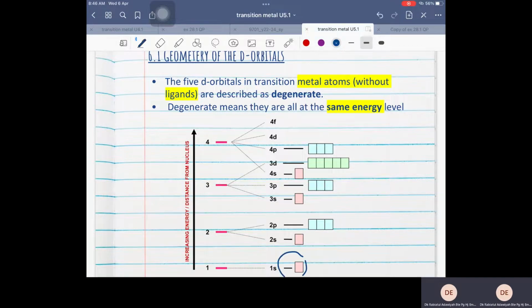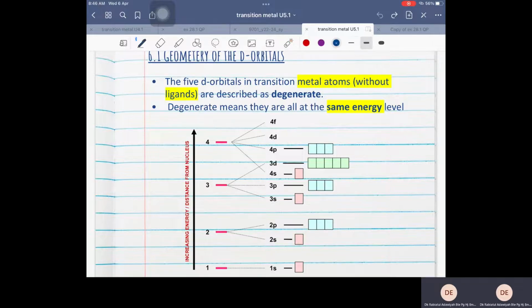So starting with 1s at the bottom, it has the lowest energy level, followed by 2s, 2p, 3s, 3p, and so on. Now you see the 2p subshell. There are 3 orbitals. Each box represents an orbital. Each orbital can hold 2 electrons max. Okay?